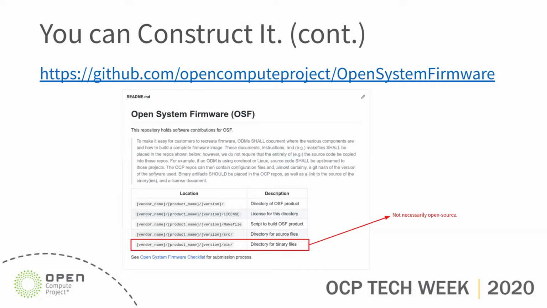And it would include a license and a top-level build script. But do note, not all the source code should be in this repository. And we would recommend not putting all the source code in this repository. For example, if you depend on coreboot, you would instead link to the coreboot repository, and we'd recommend that. And the description here gives some more details.